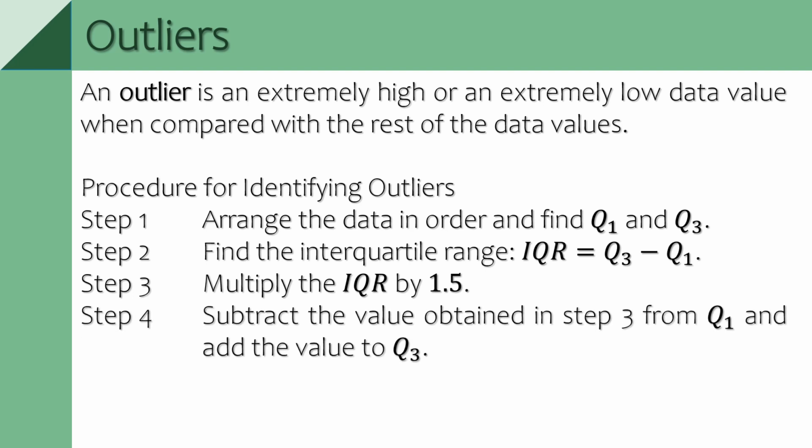Then subtract the value obtained from step number 3 from the first quartile and add the value to the third quartile. So, after natin i-multiply yung interquartile range by 1.5, i-minus natin siya sa first quartile, pero i-add naman natin siya sa third quartile.